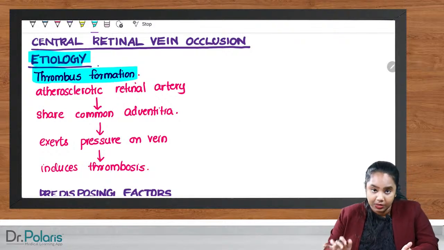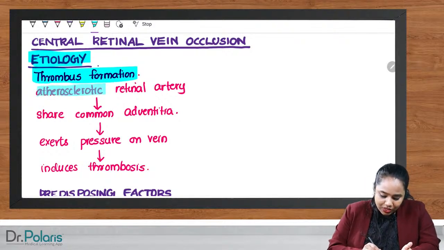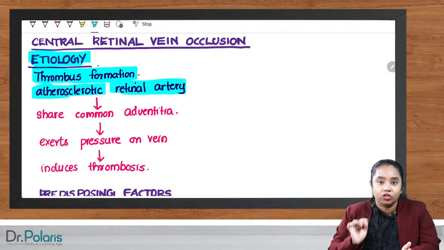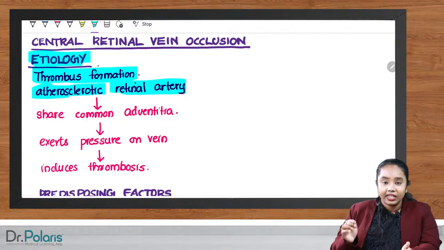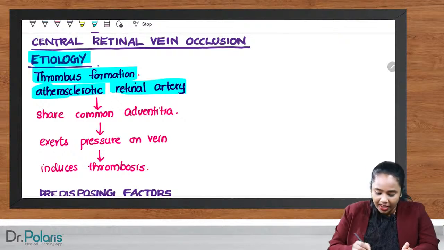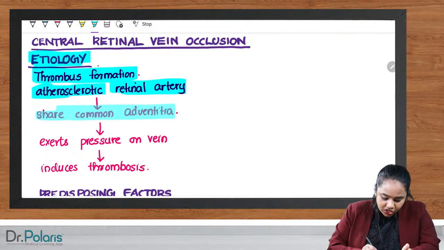How this happens is because there is atherosclerosis involving the retinal artery. The artery and vein share a common adventitia.